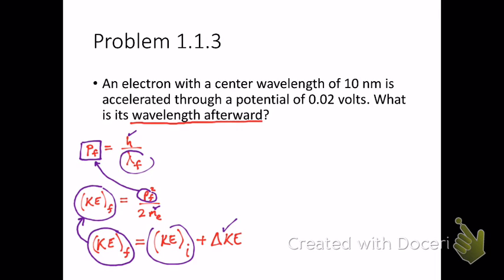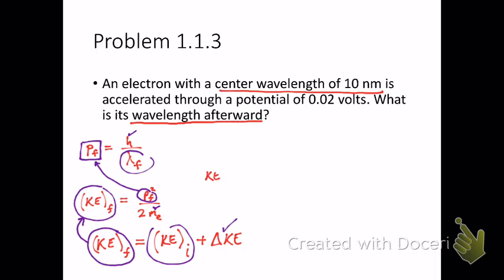However, we are given the condition that the center wavelength is 10 nanometers, and this is at the beginning. So now we need to bring in one more equation to help us calculate the kinetic energy at the beginning.